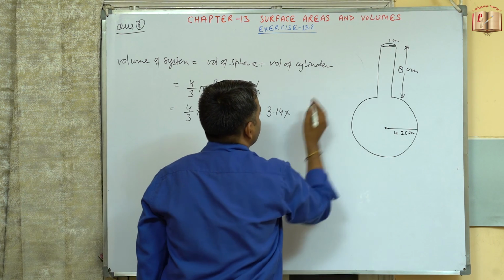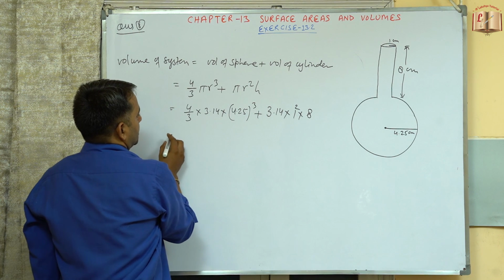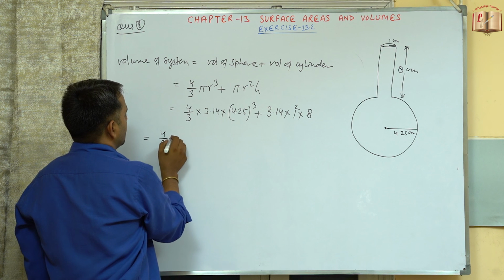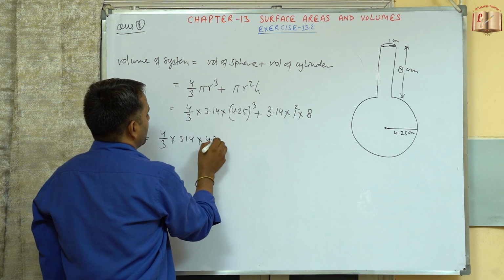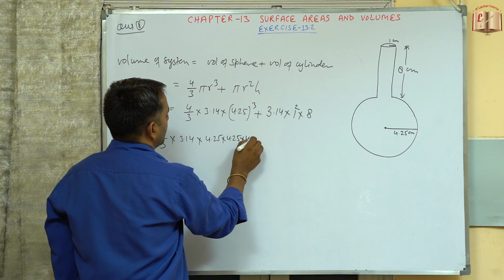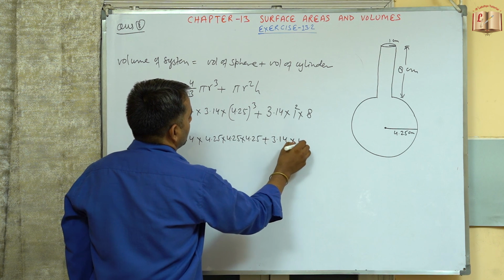R for this is 1, so 1 square into height, which is given as 8. So now we can solve it. So this will be 4 by 3 into 3.14 into 4.25 into 4.25 into 4.25 plus 3.14 into 8.